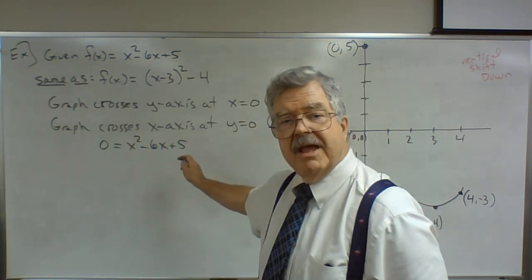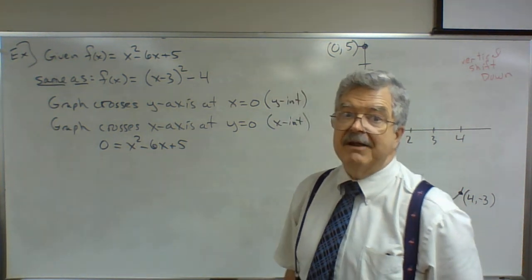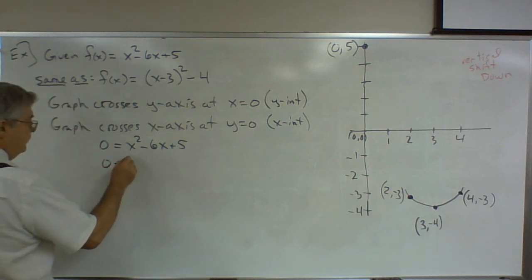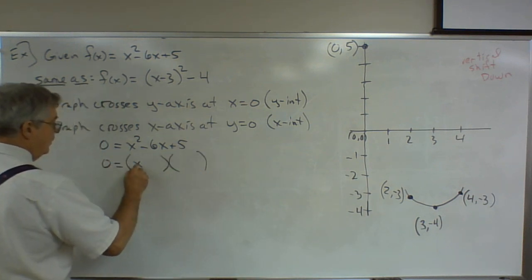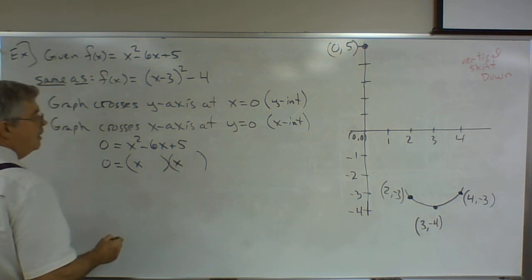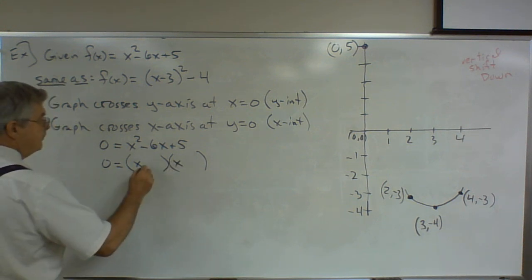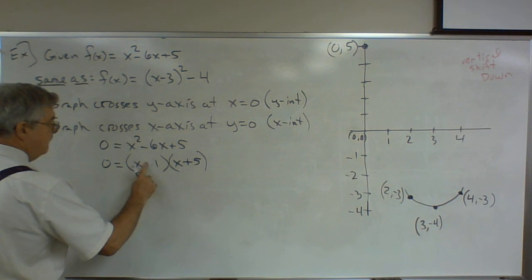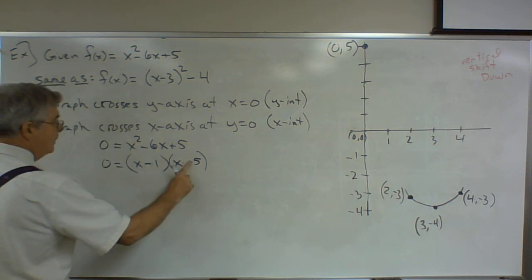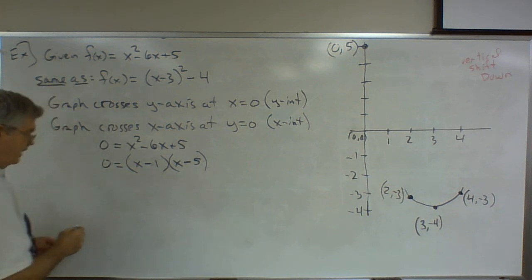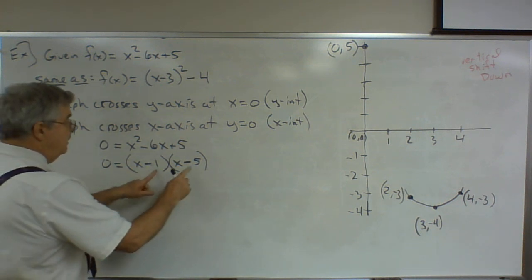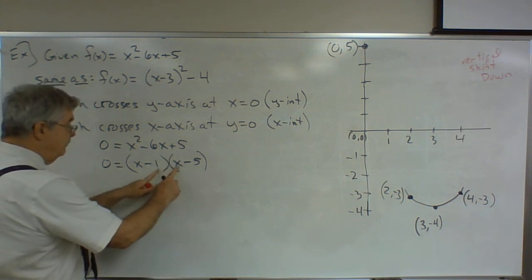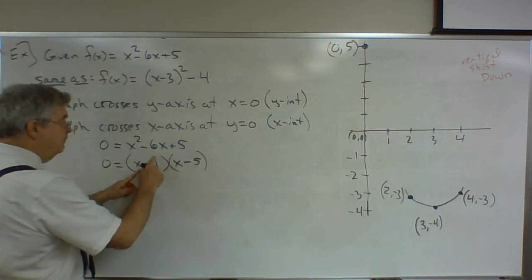I thought I was going to have to use the quadratic formula, but no, this thing factors. X minus 1 and x minus 5. Does that work? Negative 1 times negative 5 is positive 5. That looks good. Negative x minus 5x is negative 6x.